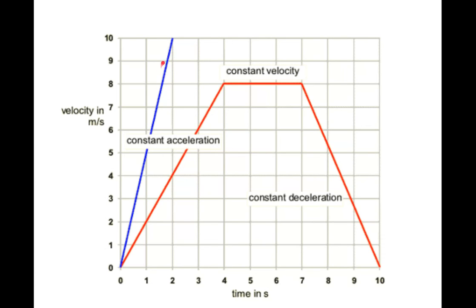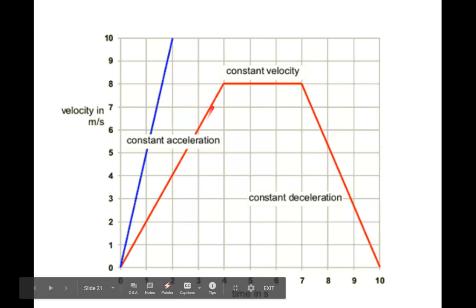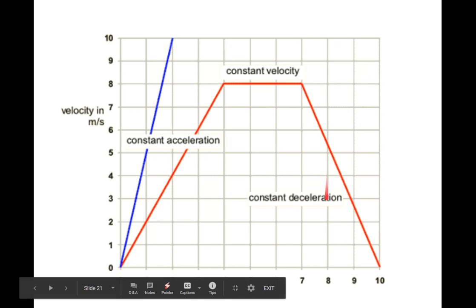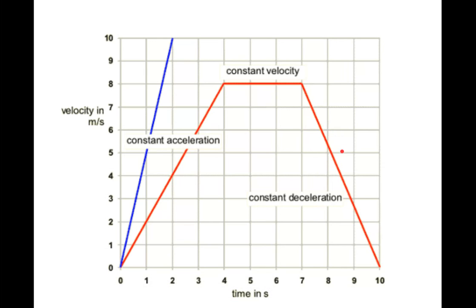So constant acceleration means constant slope. Constant slope means straight line. So right here, this blue is constant. Right here, this red line is constant. And even though right here, this is constant, straight line, this is also constant. This is deceleration. I don't like when they say that. It's a negative acceleration. I should have changed that in this graph.